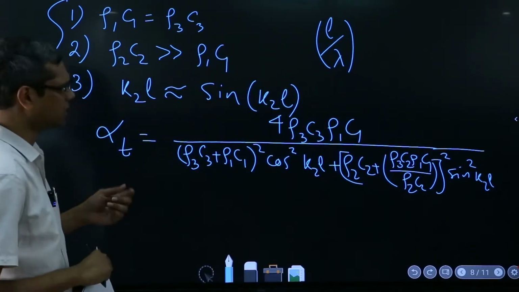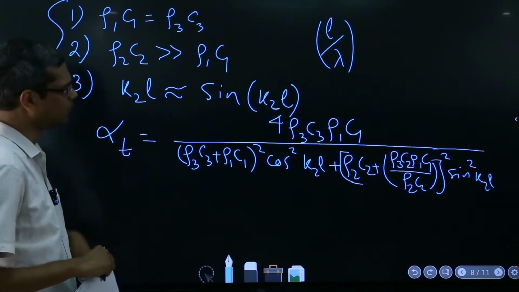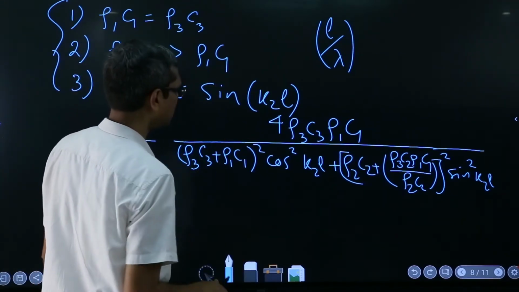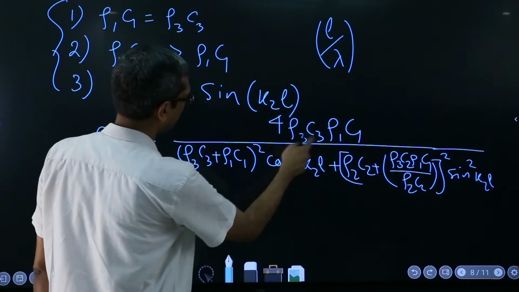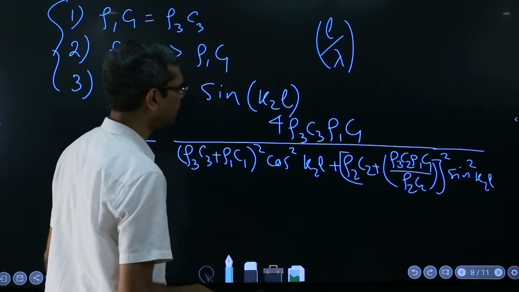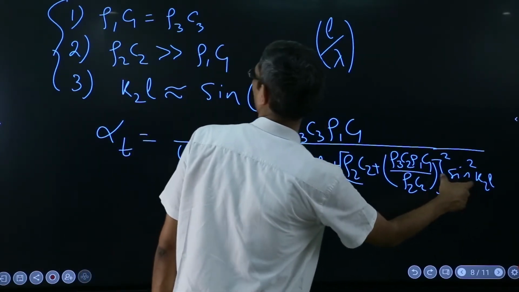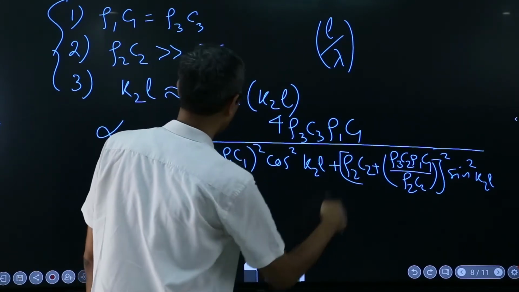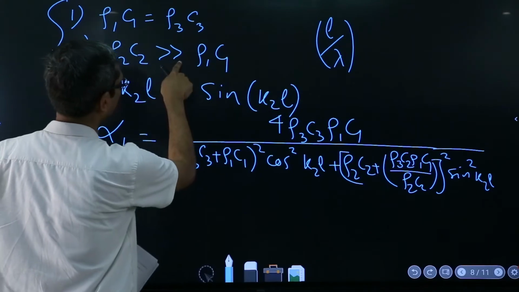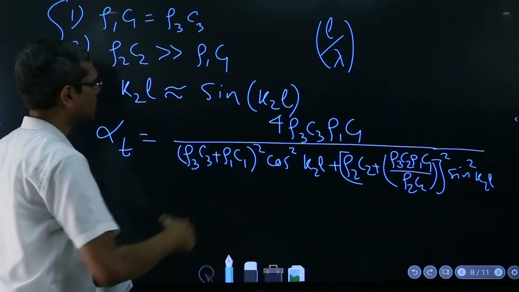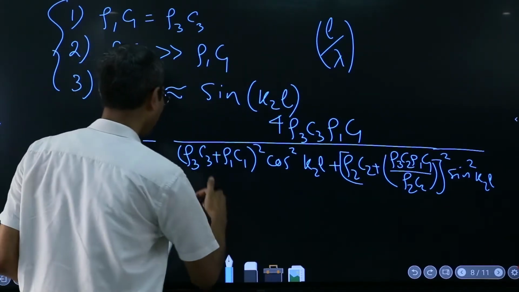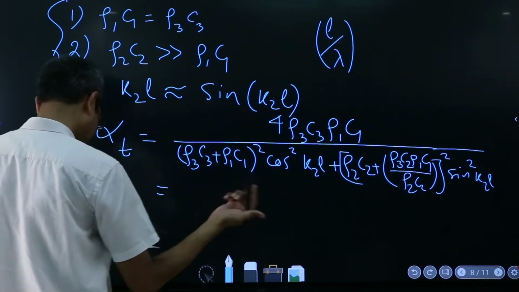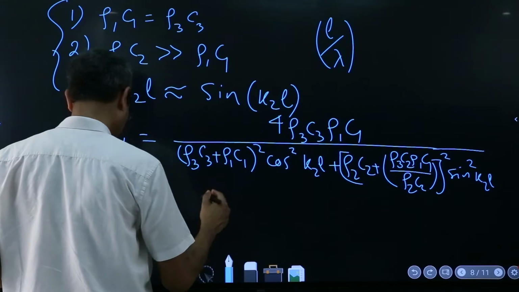So this is the expression which you would get, and now you apply these conditions. So rho 1 C1 is equal to rho 3 C3, and then this term will become K2L, and then again rho 2 C2 as compared to rho 1 C1 is large. If you do that, you will get all those simplifications.